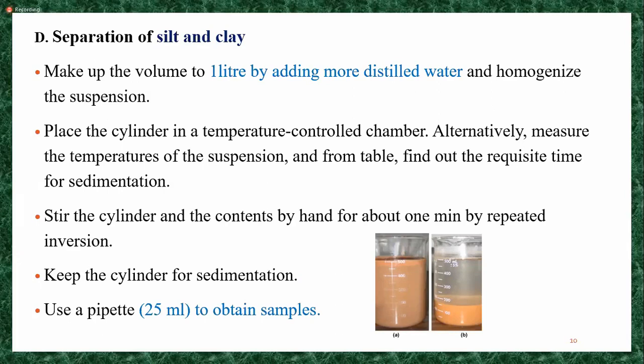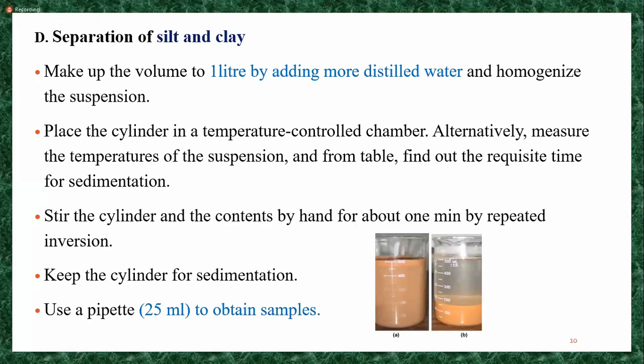After adding more water, you have to stir the solution. You can use your hand or you can use a rod to stir the solution. Then you have to close the lid and invert the jar, to mix the water with the soil sample.